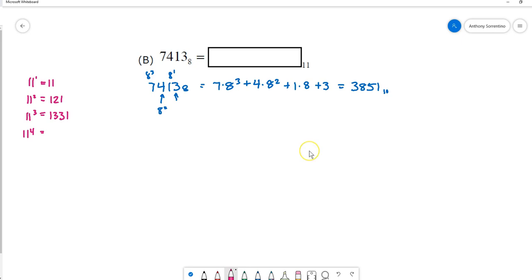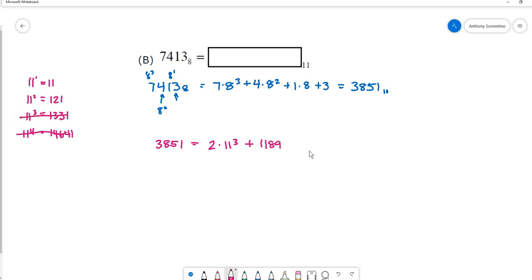So that's not going to go into 3851. So I'm going to start with the 3851. I'm going to see how many times 11 cubed goes into it. And basically, 1,331 goes into this twice. So I'm going to have 2 times 11 cubed. And I'll have a remainder left over of 1189.